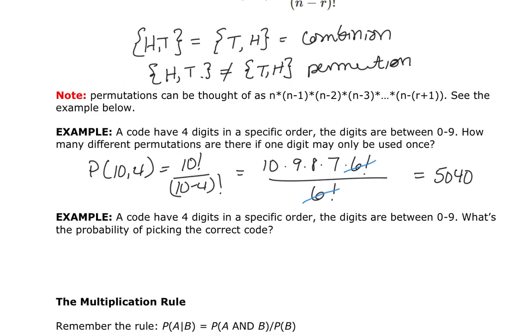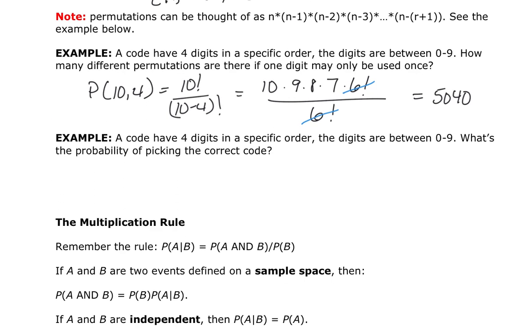So what I have is 5,040. Now, what is the probability of picking the correct code if you have 4 digits, the digits are between 0 and 9, and order matters? Well, again, E is picking the correct code.